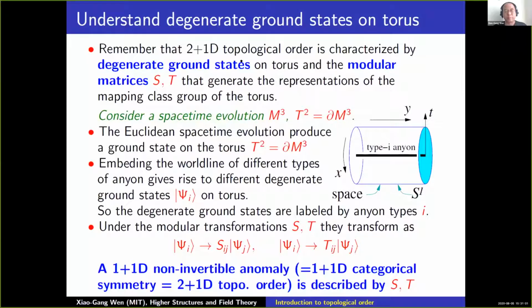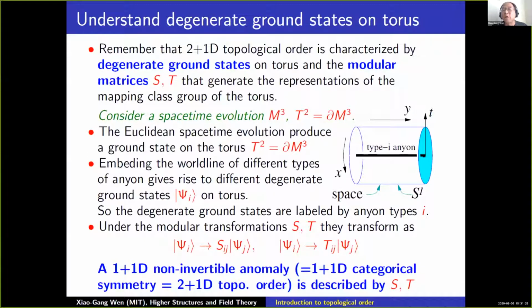It's convenient to consider a space-time which is a cylinder. So this M3 is a solid cylinder, where this face and that face are identified. This solid cylinder is our space-time, and the vertical direction is the time evolution direction. It is Euclidean evolution.